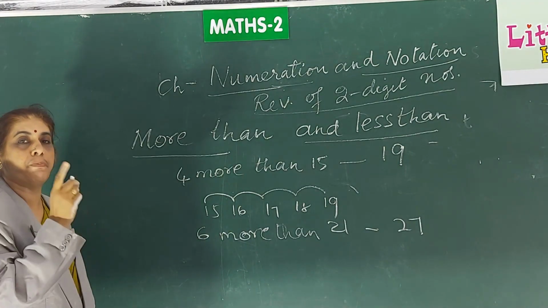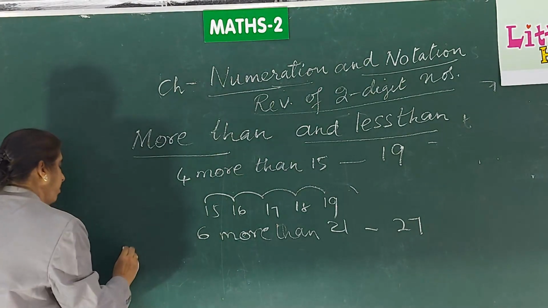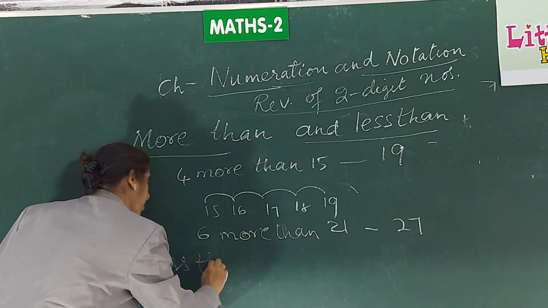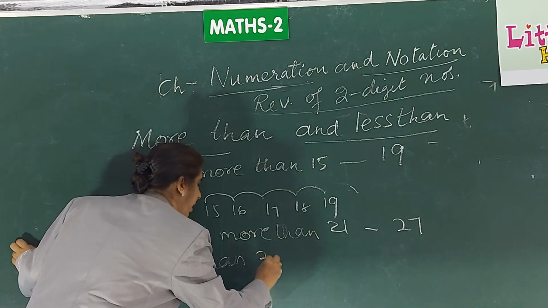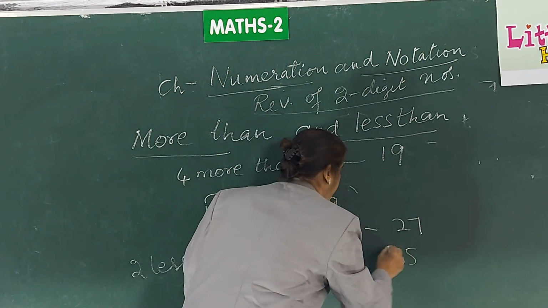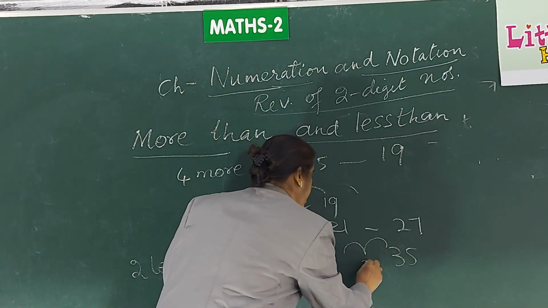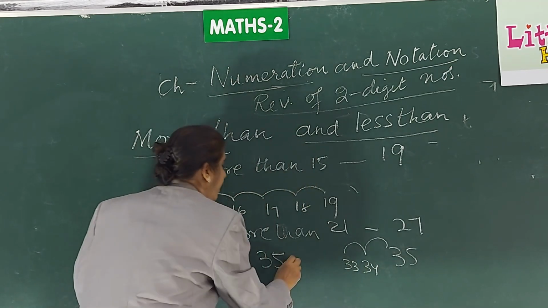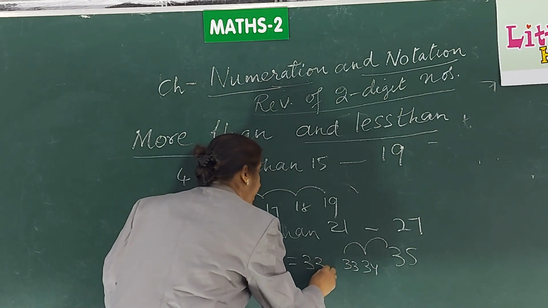Less than means backward counting. 2 less than 35. 2 steps backward from 35. 34, 33. So 2 less than 35 is 33.